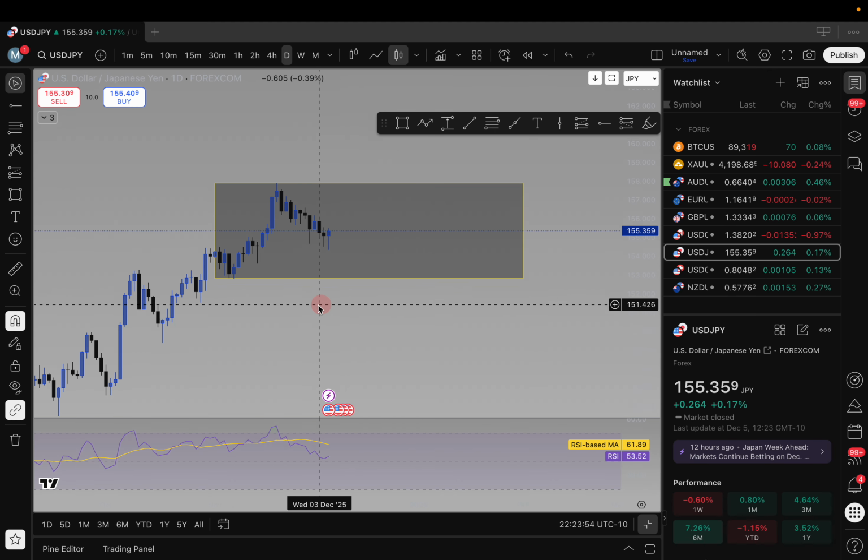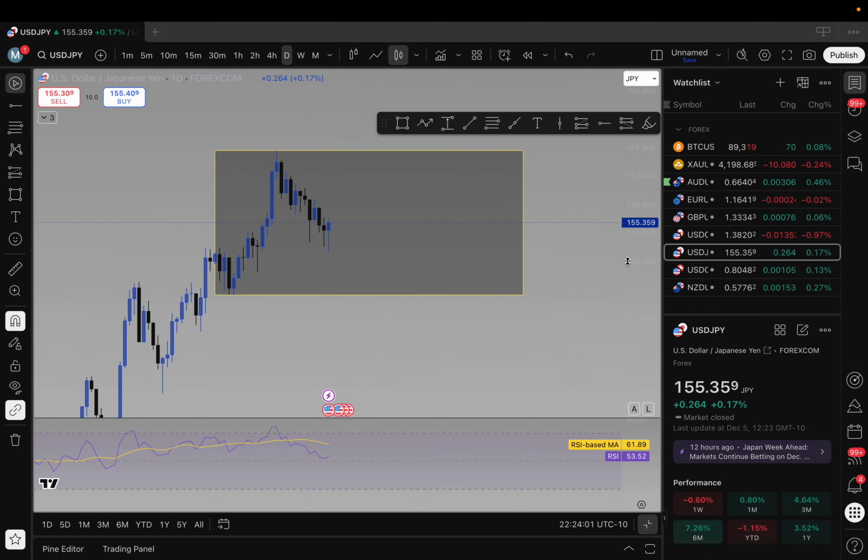Okay, so right now there's no trade at the moment. So I think it's about to go up, because this is a low resistance liquidity right here building up.